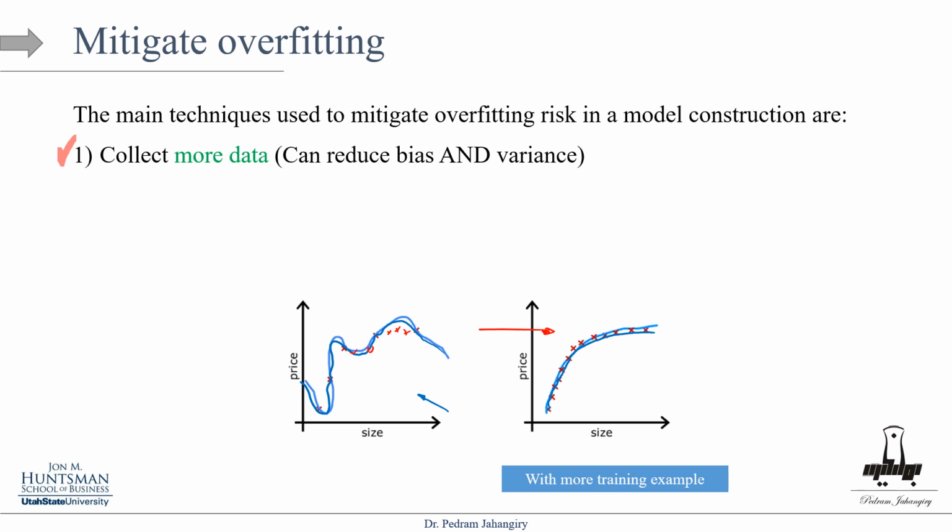What I want you to be very careful about is that collecting more data does not always work, and there's a reason for that: what if the data you're adding is simply noisy and there's not much to learn from it? Let me give you an example. Imagine this is your error, and this is your model complexity. You get something like this.